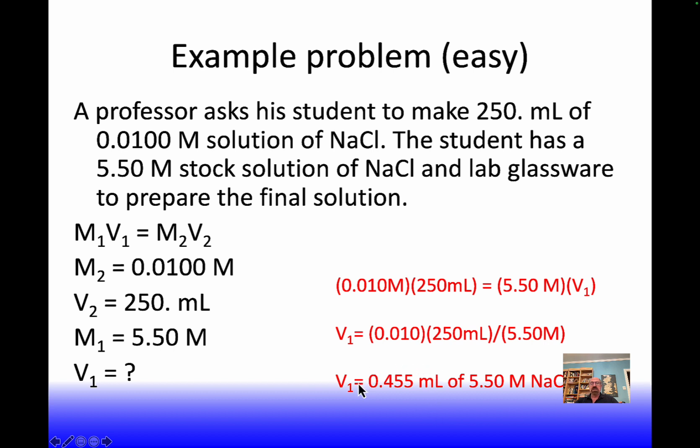So what this means is we only need 0.455 milliliters of our 5.50 molar sodium chloride stock to make this solution. So we'll take our volumetric flask, we'll take a pipette, and we'll pipette into the empty flask 0.455 milliliters of 5.5 molar sodium chloride, and then we will add water up to the 250 mL line.